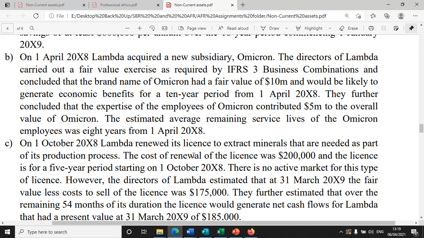They further concluded that the expertise of the employees of Omicron contributed 5 million to the overall value of Omicron. The estimated average remaining service life of the Omicron employees was 8 years. So you have to advise.